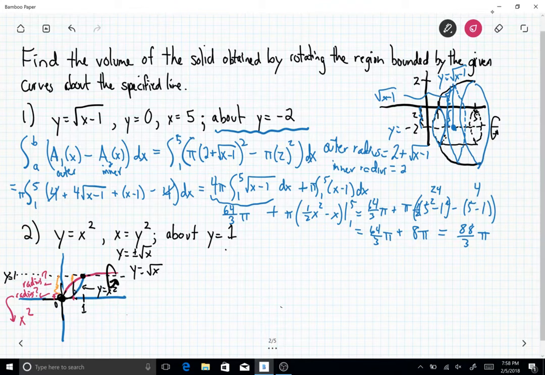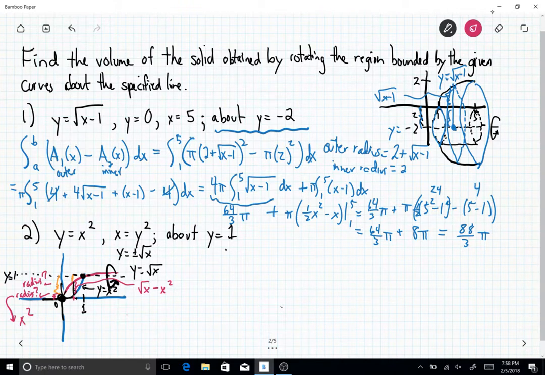The second piece is a little bit trickier, because essentially we have a height of 1, right? But how far are we going down? Well, it looks like, for example here, this distance on that piece right there should be the square root of x minus x squared, right?